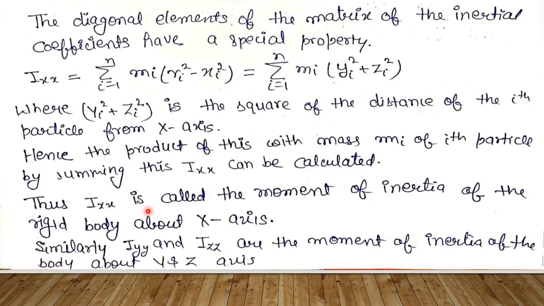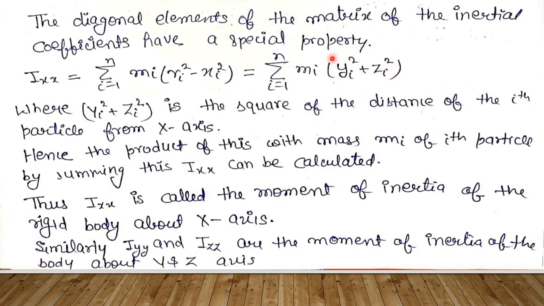This Ixx is called the moment of inertia of the rigid body about the x-axis. What we have said here is that we have written Ixx in terms of this. Similarly, we will write Iyy and Izz.